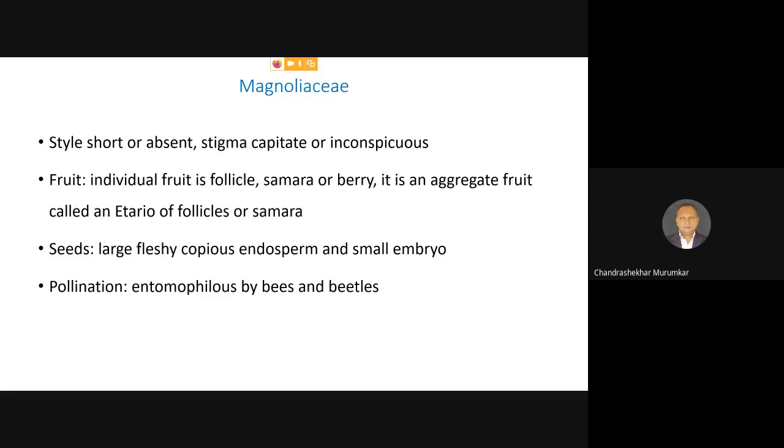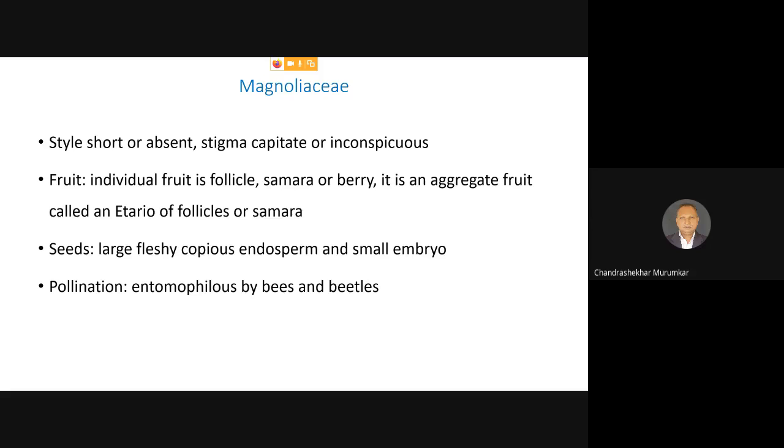Now, when the ovary is free, that is, each carpel is separate, the individual ovary gets converted into fruit. The individual fruit is either a follicle, indehiscent, or a samara, which is dry, or a berry, as I showed, which has a very thin wall around it.